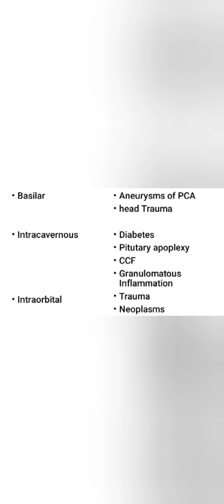Similarly, if the cause is at the basilar level, you should suspect the aneurysms of the posterior communicating artery, or there can be head trauma. If the lesion is at the intracavernous sinus, the causes can be diabetes or pituitary apoplexy, carotid cavernous fistula, or granulomatous inflammations. When you are suspecting the intraorbital part being affected, then the cause can be trauma, neoplasm, or inflammation. This is in brief about the course of the oculomotor nerve.